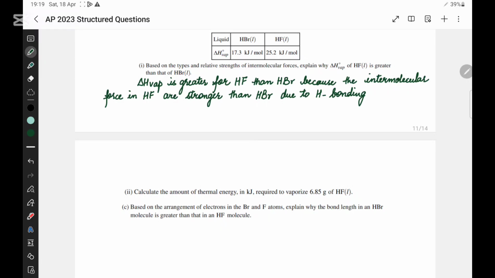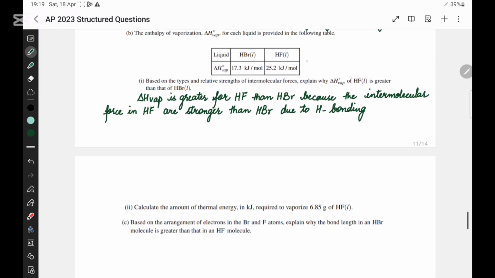The next question is saying calculate the amount of thermal energy required to vaporize 6.85 grams of HF. They have given us the enthalpy of vaporization, and if we want to calculate the thermal energy, we know we have a formula: delta H is equal to Q by n. So if we want to find Q, then the enthalpy of vaporization is going to be multiplied with the number of moles.